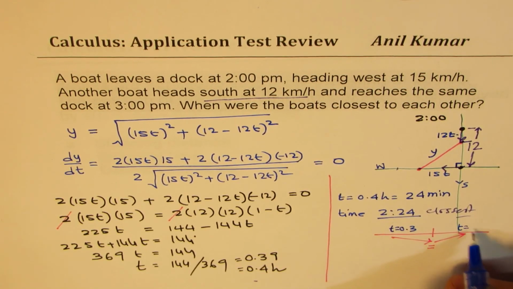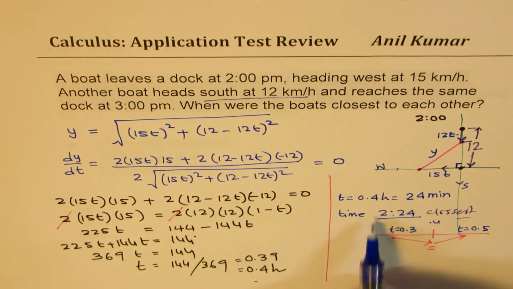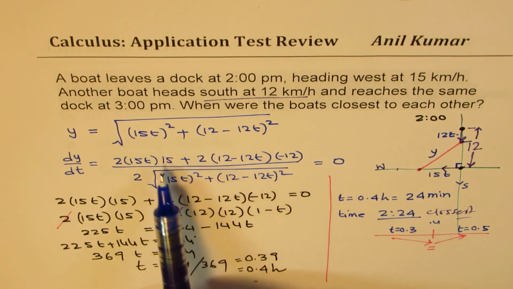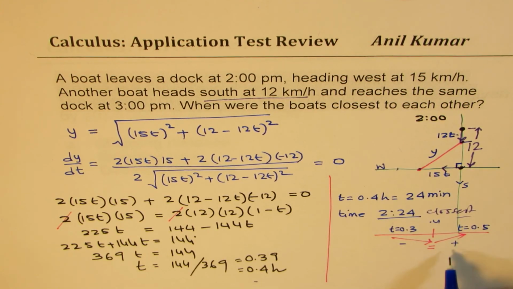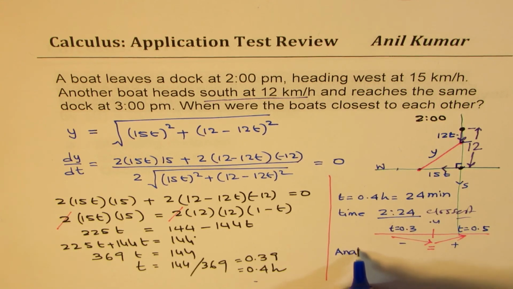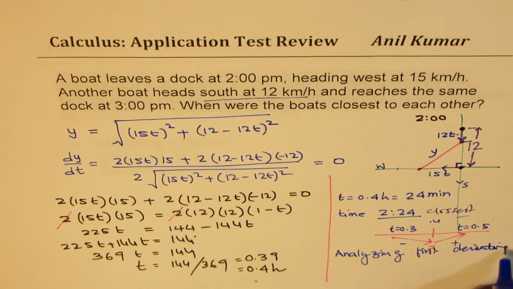You can test for t equals 0.5. We know at 0.4 it is 0. So just figure out the derivative, whether it is positive or negative. You will find at this time it is negative, here it is positive, and therefore it is a minimum. So we found it by analyzing the first derivative. However, I'm leaving this exercise for you to complete.